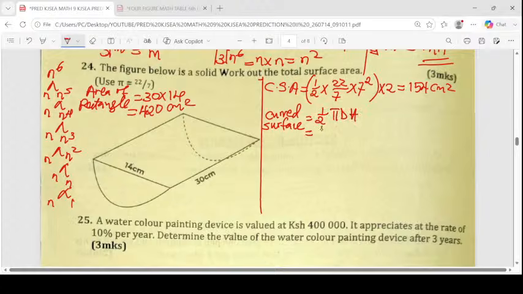So in this case, it will be a half multiplied by pi 22/7, by the diameter 14, by the height or the length, which is in this case 30. When you press in your calculator 0.5 multiplied by 22/7 multiplied by 14 multiplied by the height of 30, we get 660.